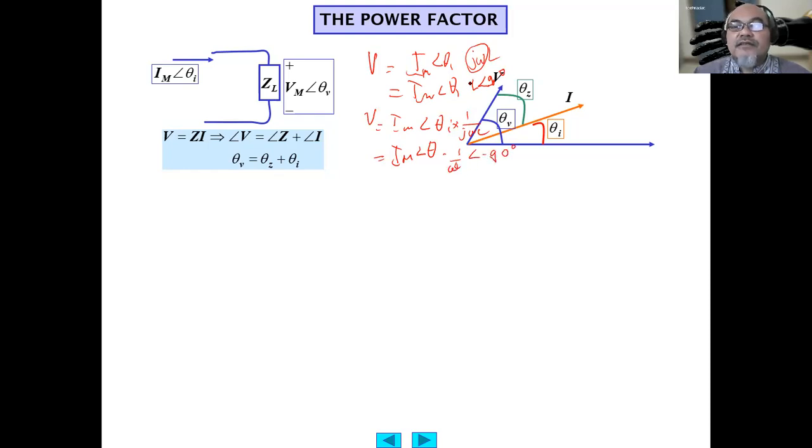This is omega C, this is omega L. So it means in a capacitive impedance load, the voltage will have a lagging phase of 90 degrees compared to the current.